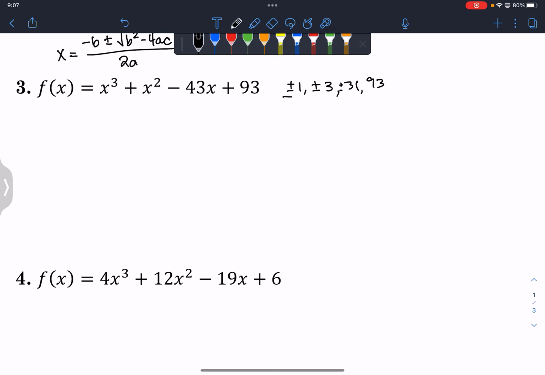We're going to divide all of that by 1, and let's see what works. Let's try 3. See if 3 works.